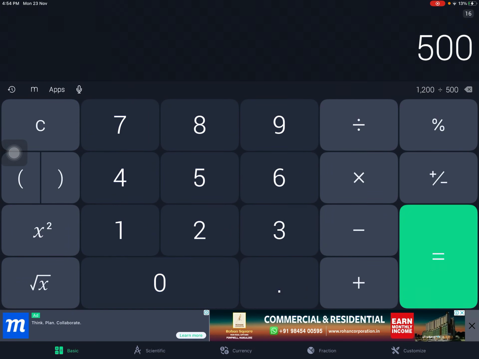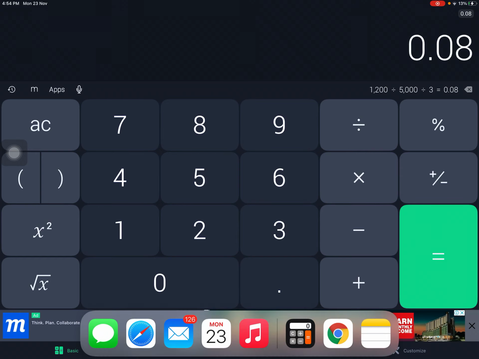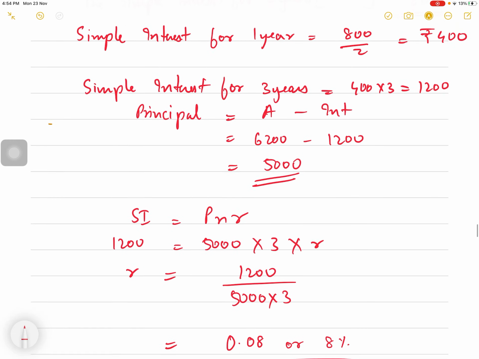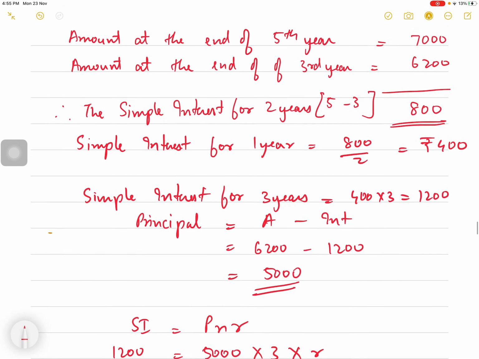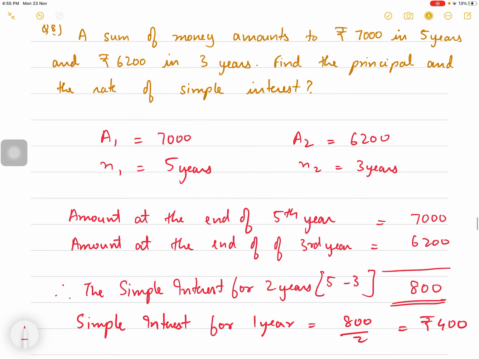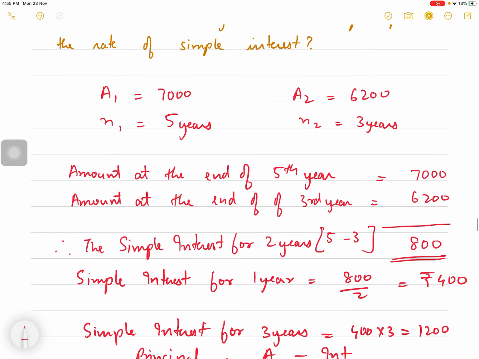It comes to 0.08 or 8%. Similarly, you can calculate simple interest for 5 years, and the answer is going to be the same.